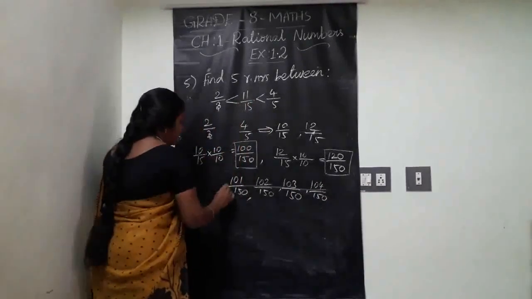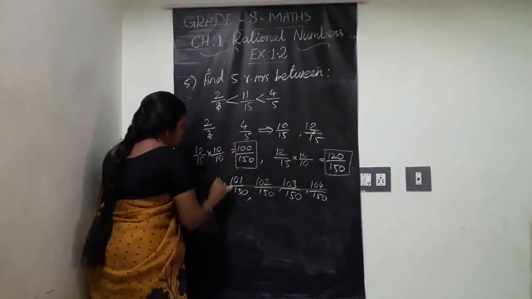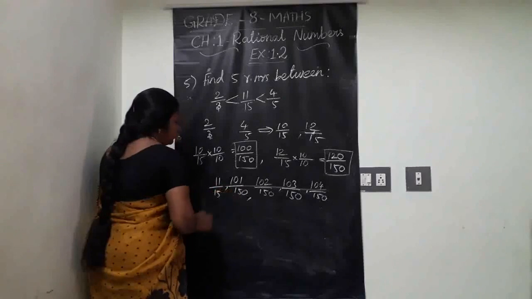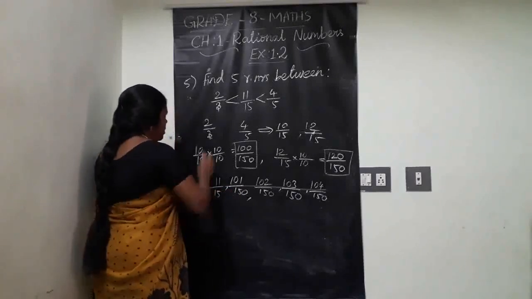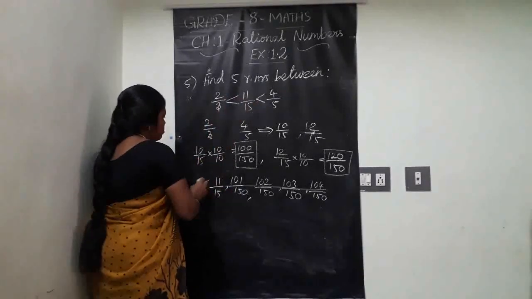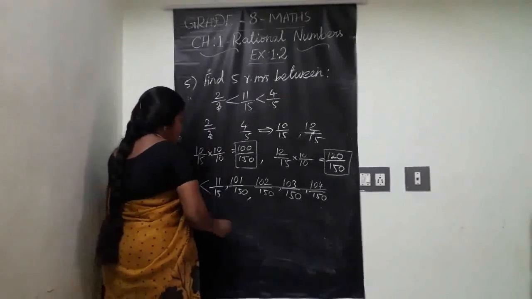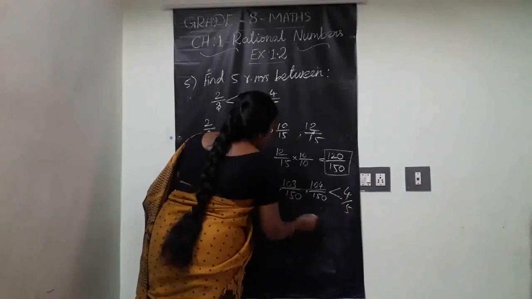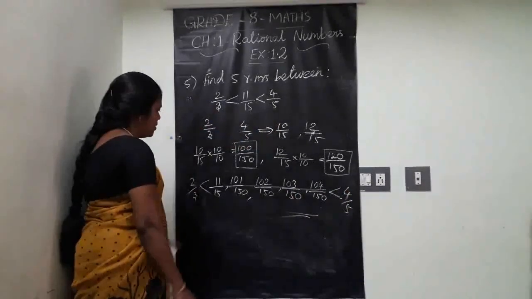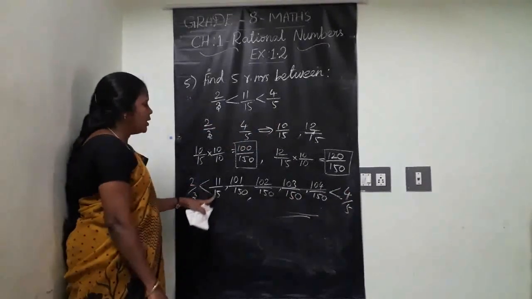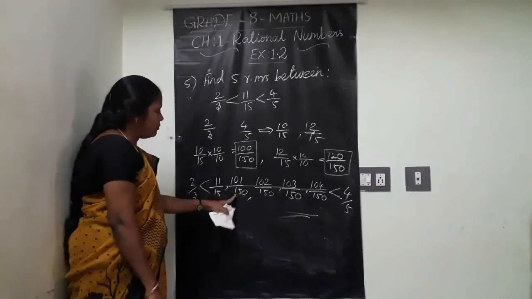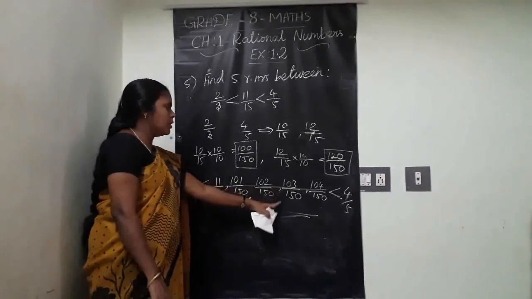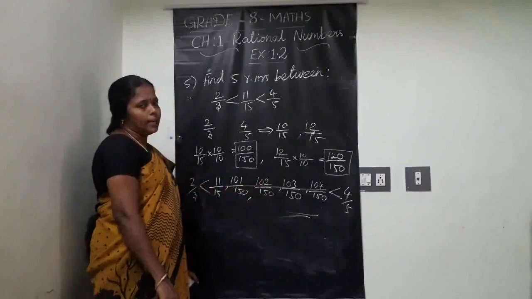Already we found the first rational, 11 by 15. Clear, children? So 5 rational numbers between 2 by 3 and 4 by 5, we can select like this: 11 by 15, 101 by 150, 102 by 150, 103 by 150, like this.